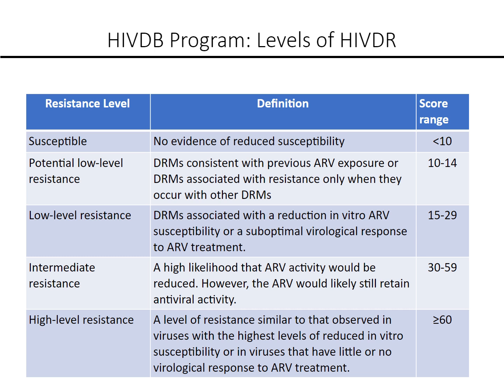Finally, high-level resistance is assigned when a virus has drug resistance mutations predicted to confer a level of resistance similar to that observed in viruses with the highest levels of reduced in vitro susceptibility for that drug, or in viruses that have little or no virological response to treatment with the relevant antiretroviral.